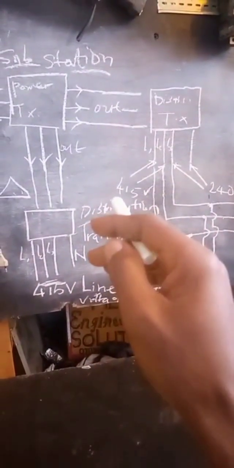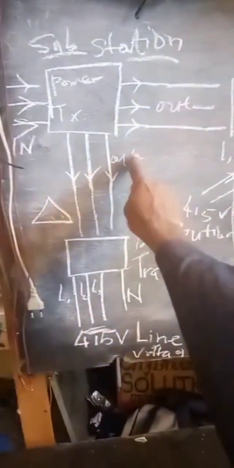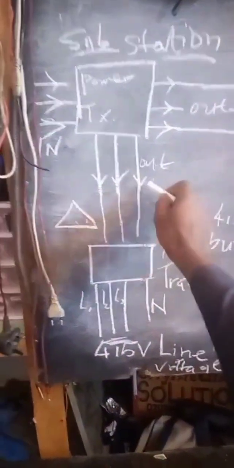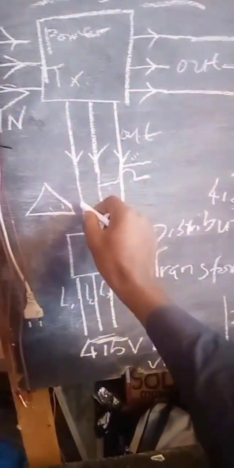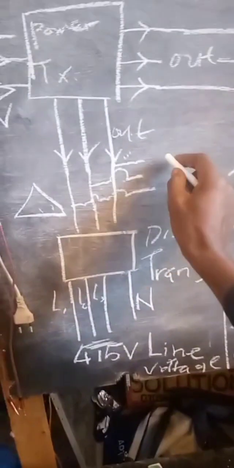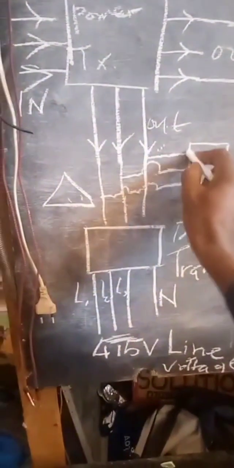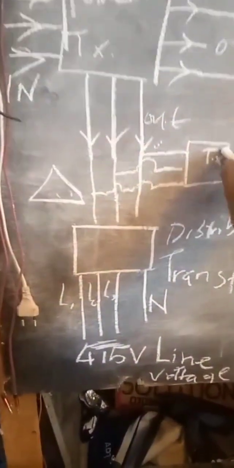Most industries have their own transformers. What they do, they tap this power here from the substation, and now they include their own transformer here. This now can go to industry.